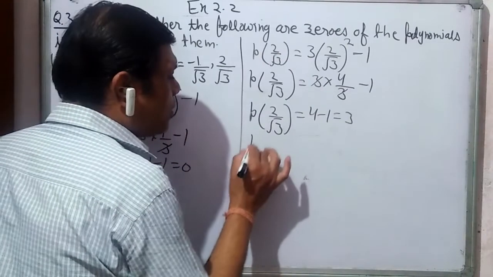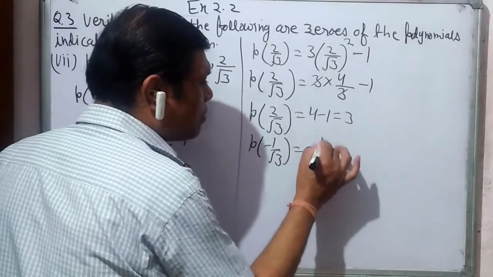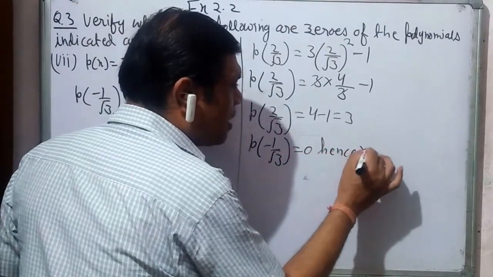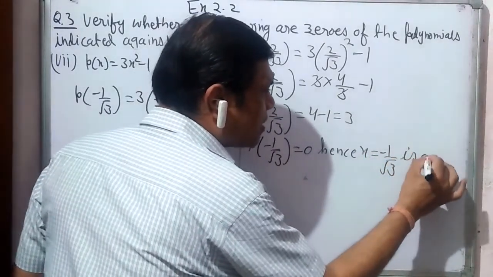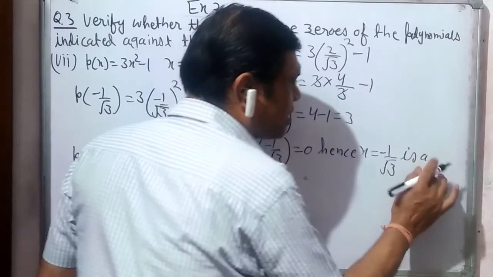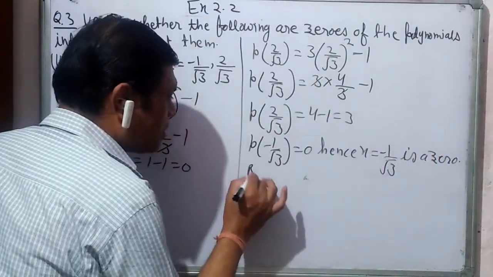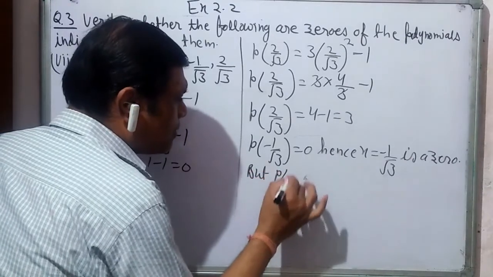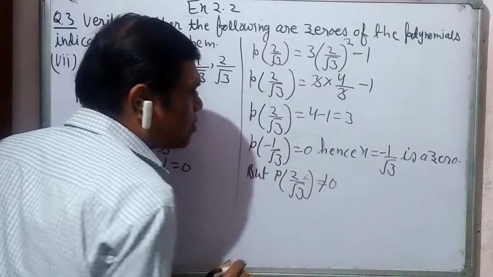So, the polynomial's value at minus 1 upon root 3 is 0. Hence, x equals minus 1 upon root 3 is a 0 of p(x). But the polynomial's value at 2 upon root 3 is not equal to 0.